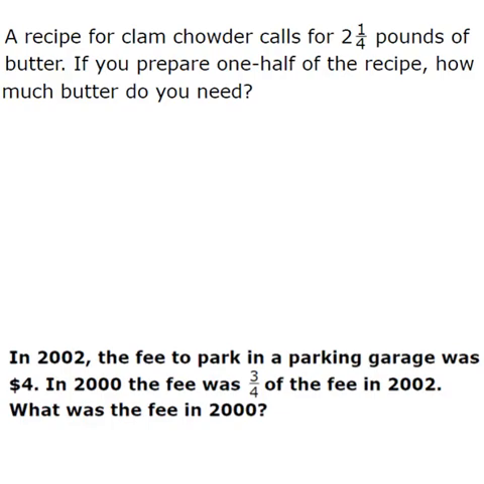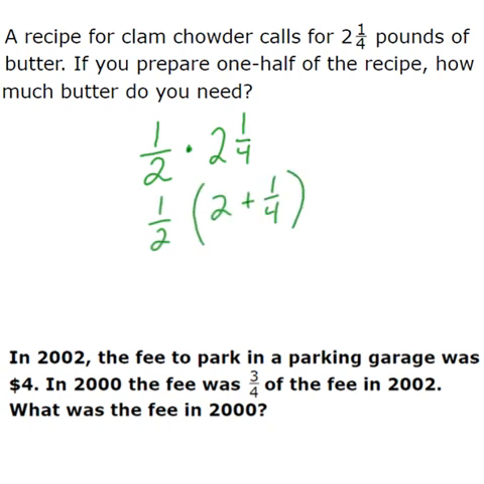All right, 2 quick word problems, and we'll be done. So a recipe for chowder calls for 2 1/4 pounds of butter. If you prepare half of the recipe, how much butter do you need? So what is this? 1/2 times 2 1/4. One way you can do this is using the distributive property.